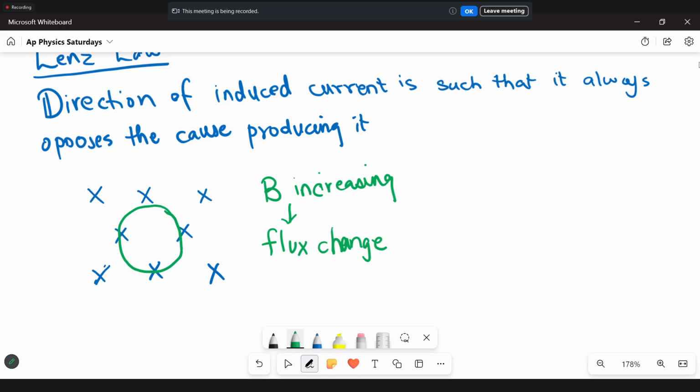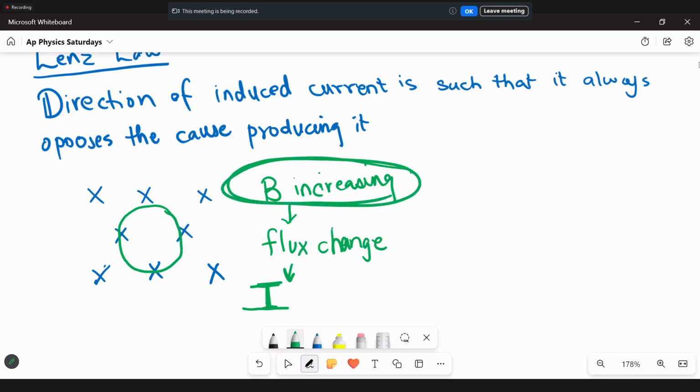The change which is inducing the current, this is a little bit like you need to understand it well. The magnetic field is changing. I am changing the magnetic field, which is causing the induced current. So what is the main cause which is doing everything?